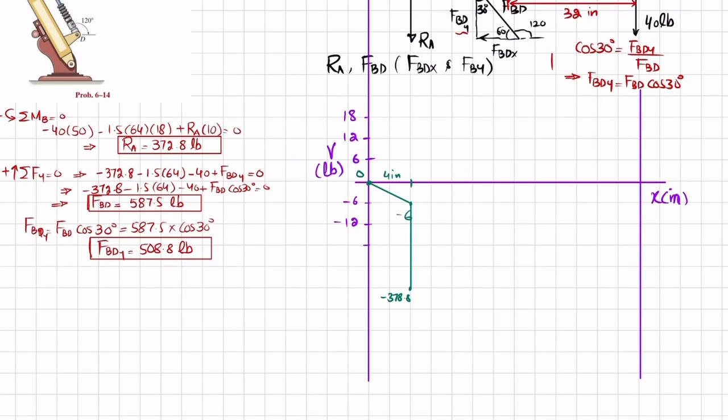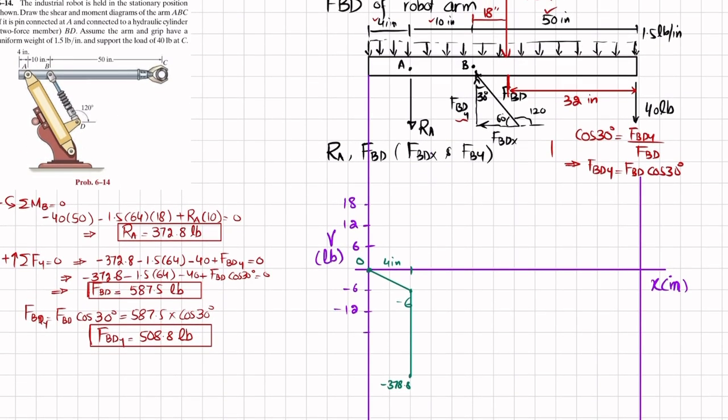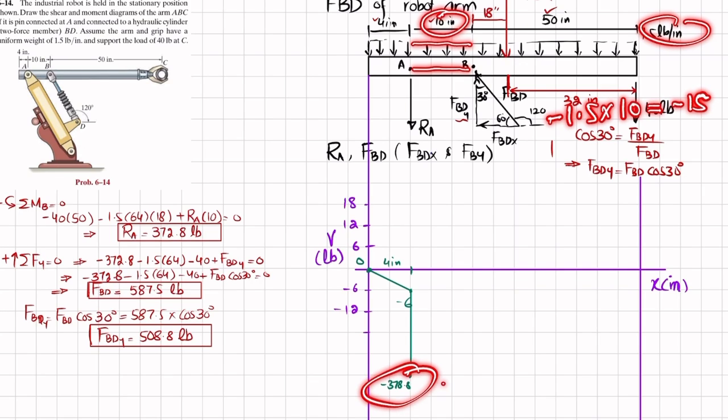Now again, moving from A to B, there is a uniformly distributed load of 1.5 over a length of 10. So minus 1.5 into 10 will be equal to minus 15. So minus 378.8 minus 15 will be equal to minus 393.8.